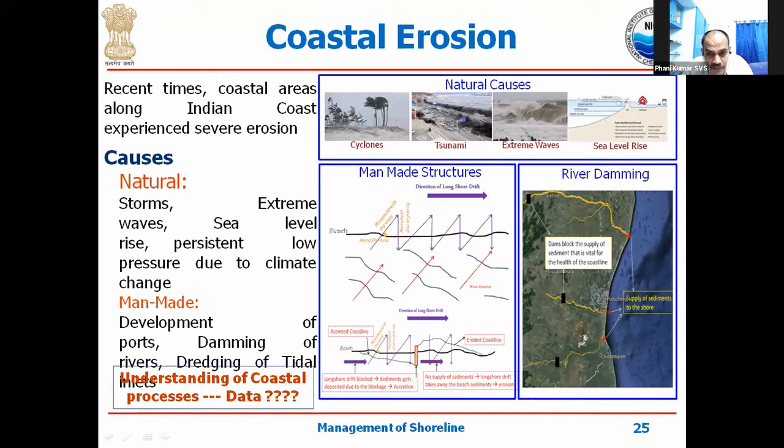Each piece is around 50 meters, separated from the next piece by 25 to 50 meters, so that when the wave comes, we are not stopping the sediment transport completely. At the same time, we are trying to reduce the intensity of the waves using the submerged structures. So this was the proposal.